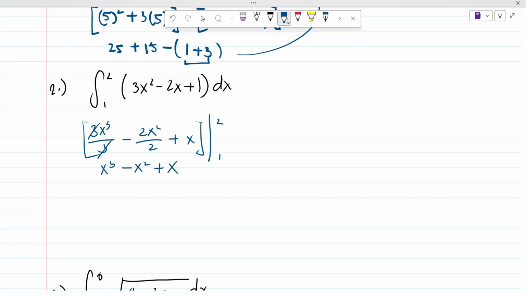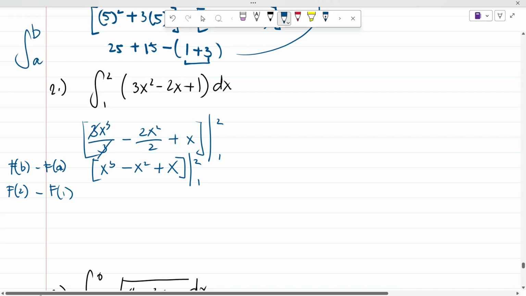Let's put the limits: 2 to 1. So F of b minus F of a. B represents 2, minus the a, which represents 1. The integral has the lower limit and this is the upper limit, guys.